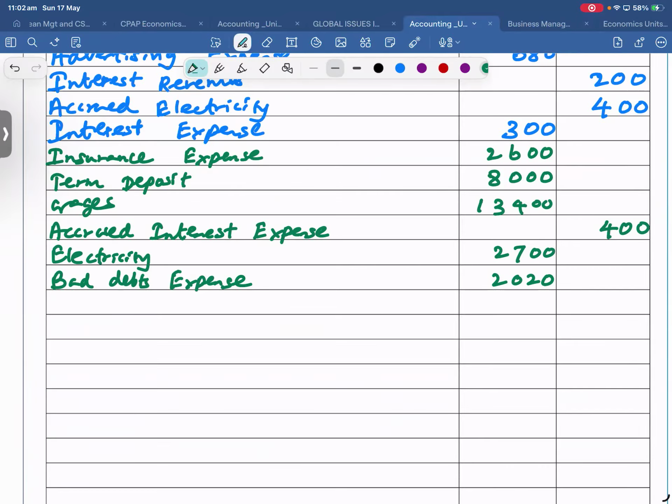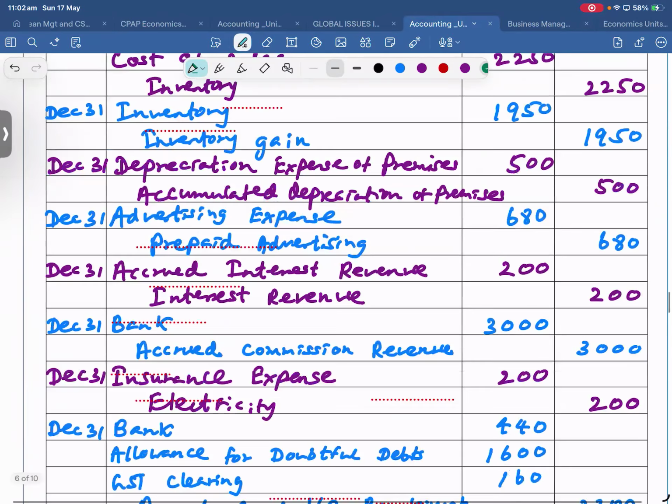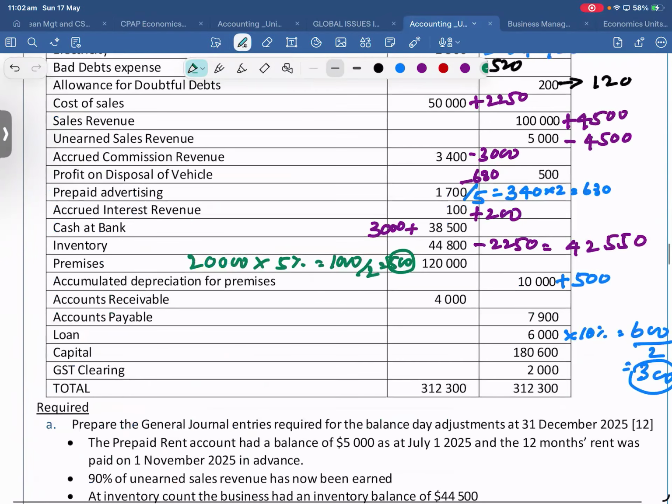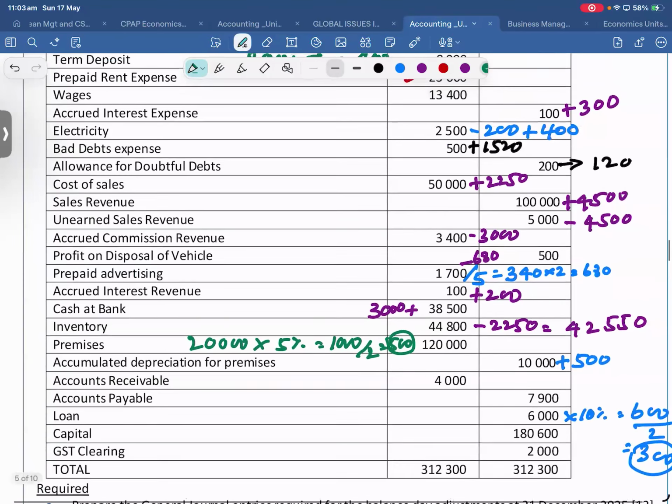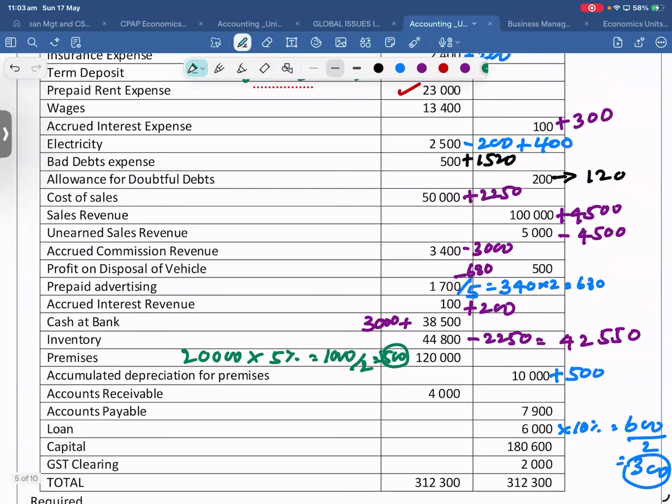Okay. Next one. Allowance for doubtful debt, guys, how much? No. 200 became 120, right? 120 and cost of sales 52 to 50.